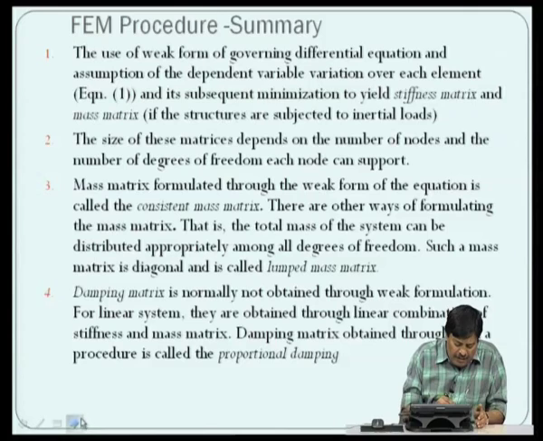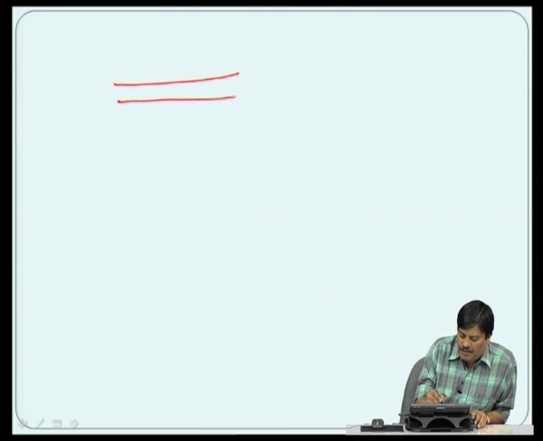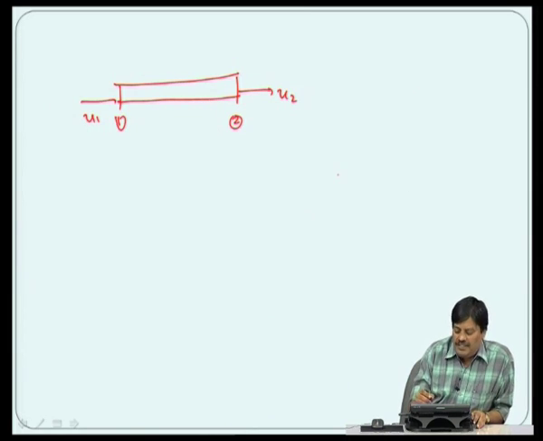For example, in order to explain this in a little more detail, let us take a simple rod problem. The rod problem will have 2 degrees of freedom, that is the axial displacements u1 and u2, at node 1 and node 2. So, in this case the stiffness matrix K will be 2 by 2.